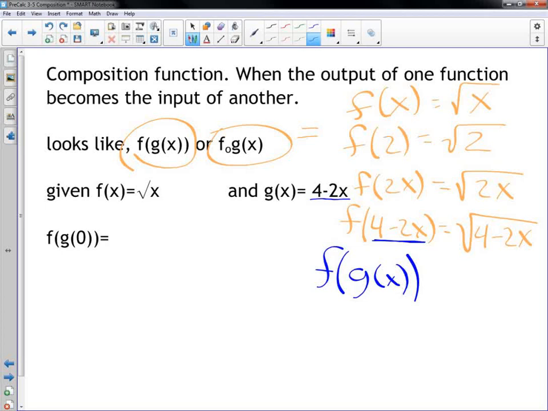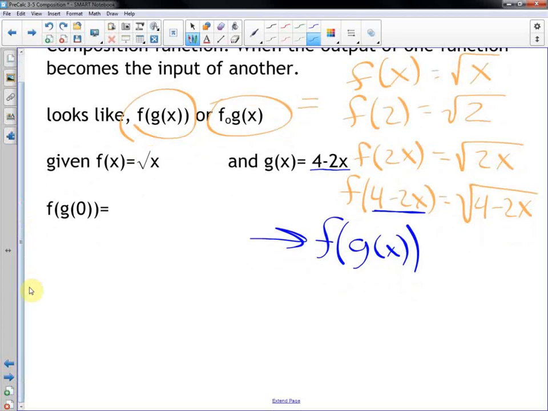So if you see this, this is how I always figured out what it said. I take my f of x, which is here, right? I'm going to write out all the operations, but I'm going to put parentheses instead of an x. Give yourself room to write. So all I've done, right here, is f of x without the x.